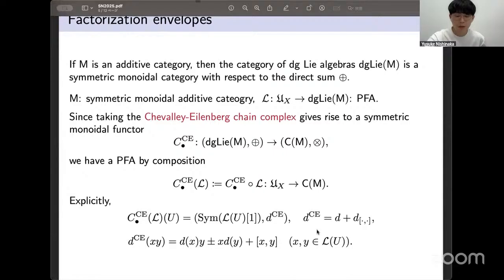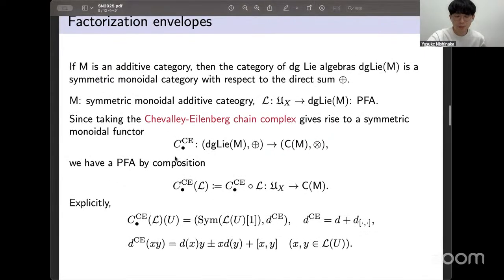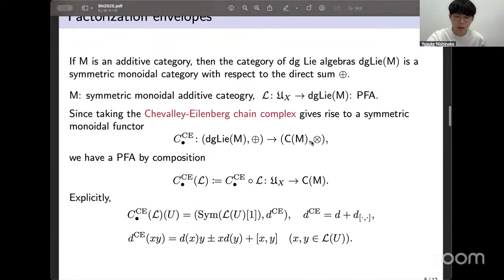Next, let me explain factorization envelopes, an important way to construct factorization algebras. First, note that if the category M is additive, then the category of dg Lie algebras is symmetric monoidal under the direct sum. So let M be a symmetric monoidal additive category and take a prefactorization algebra L with values in dg Lie algebras. Now consider the Chevalley-Eilenberg chain complex of a dg Lie algebra.